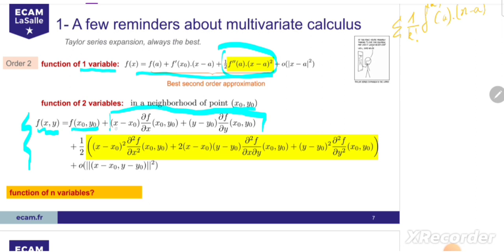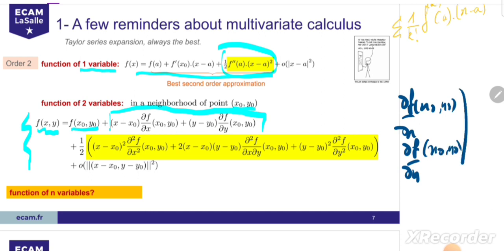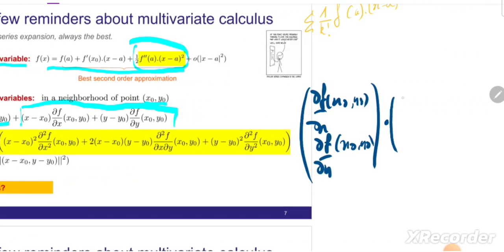So x minus x0 times df over dx, y minus y0 times df over dy. So this really corresponds to df over dx at x0, y0, df over dy at x0, y0, so that gradient vector times x minus x0, y minus y0.